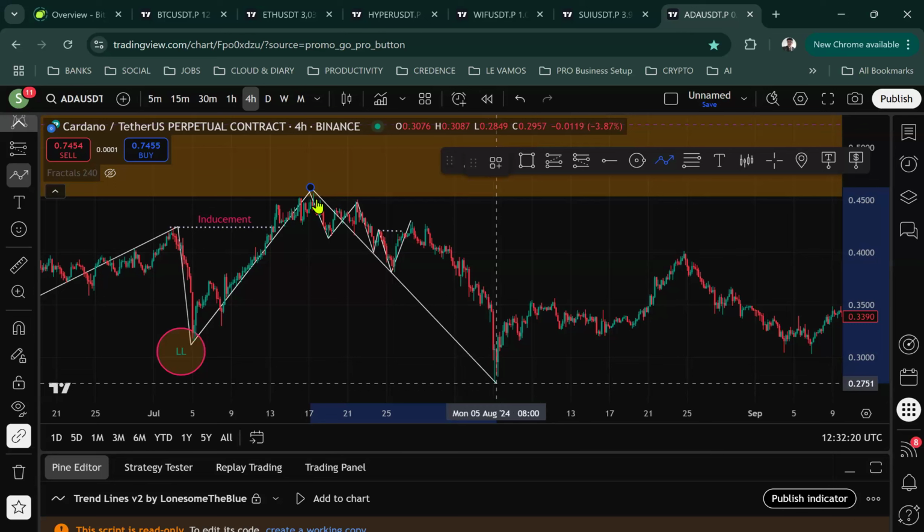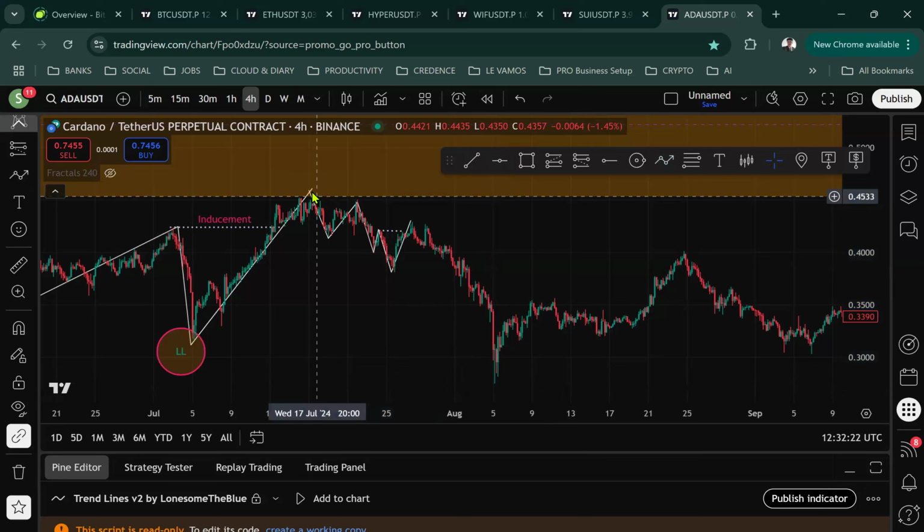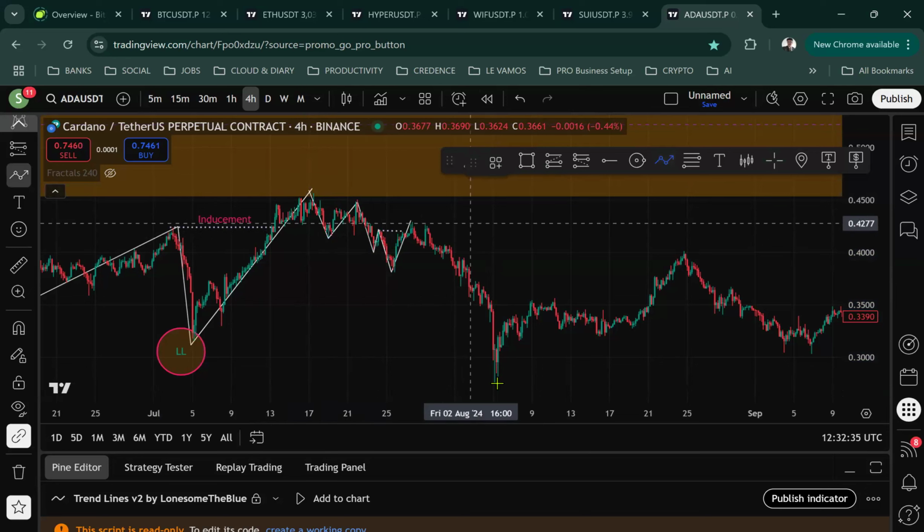Because this is a new impulsive move starting from here, because this is a correction. Then we have a new impulse down, coming like this.